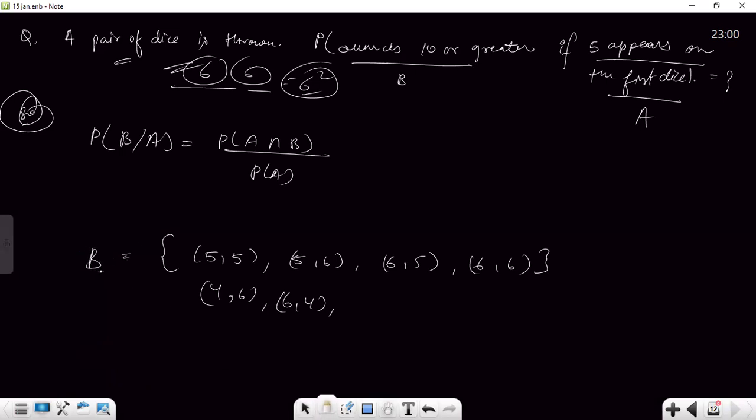B event was as per our assumption that the sum has to be 10 or greater than 10. So now if we consider A event, which is getting 5, let's directly write A event intersection B event. A event means that 5 should be there on the second dice. It is the case here. Yes. Only 2 events are there.